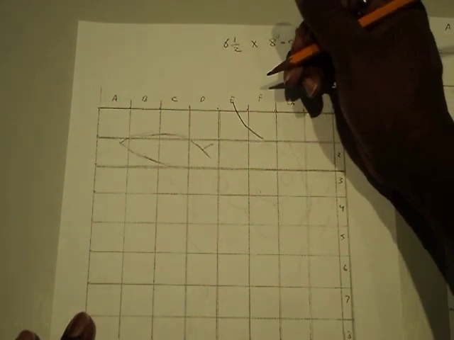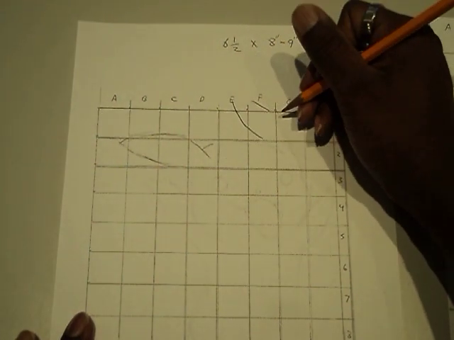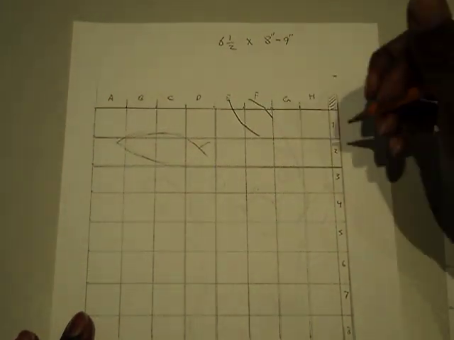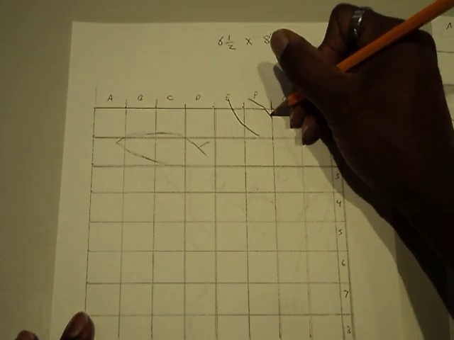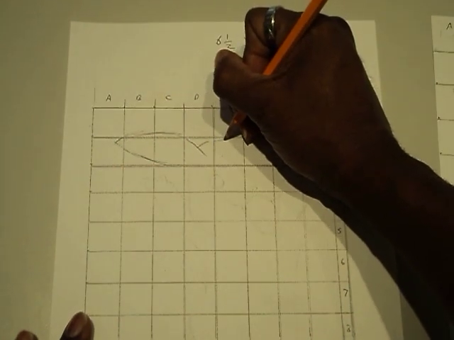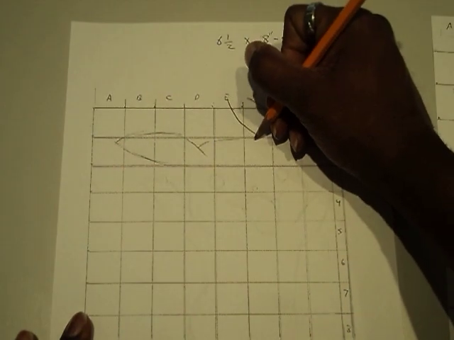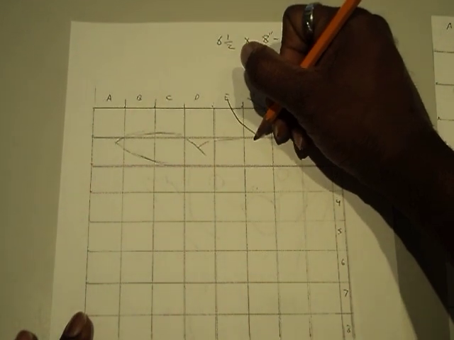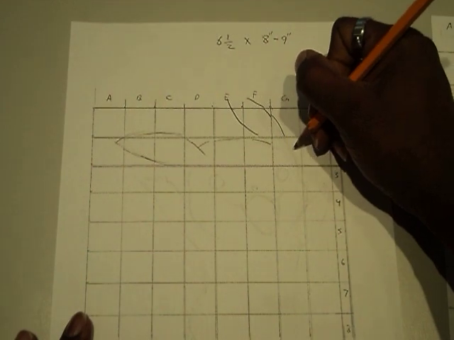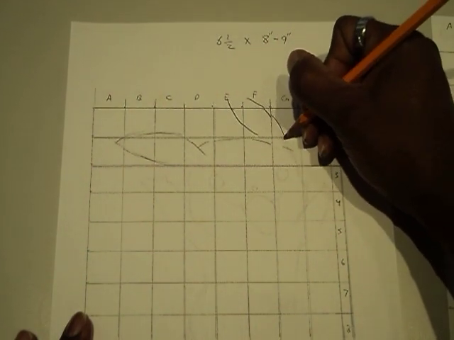So by the time I am done drawing in each block, I will have my image. Now again, I am moving fast because I want to keep this video down to about 15 minutes, and I'm accustomed to drawing. I draw very fast anyway.